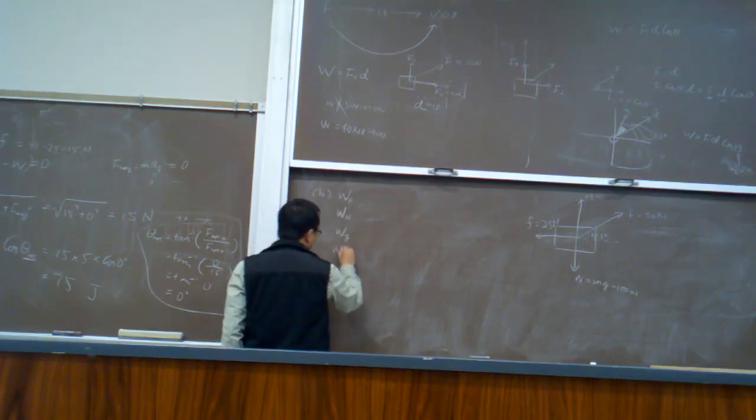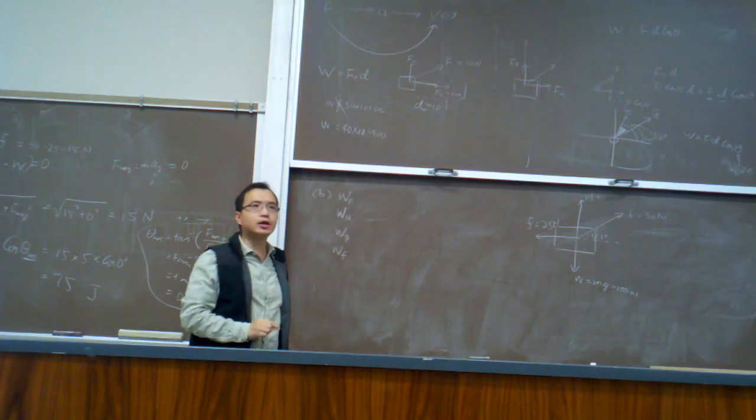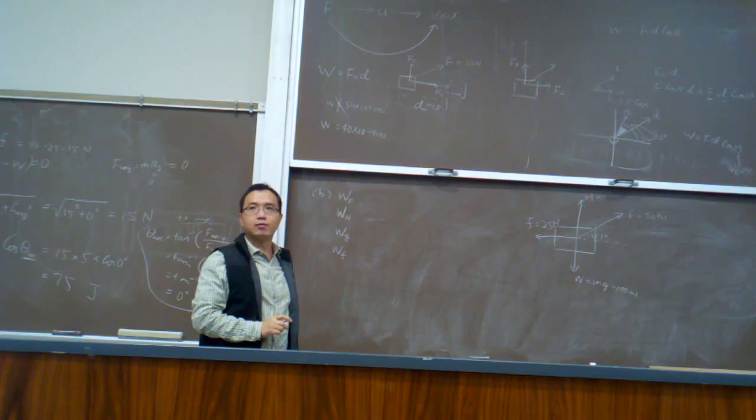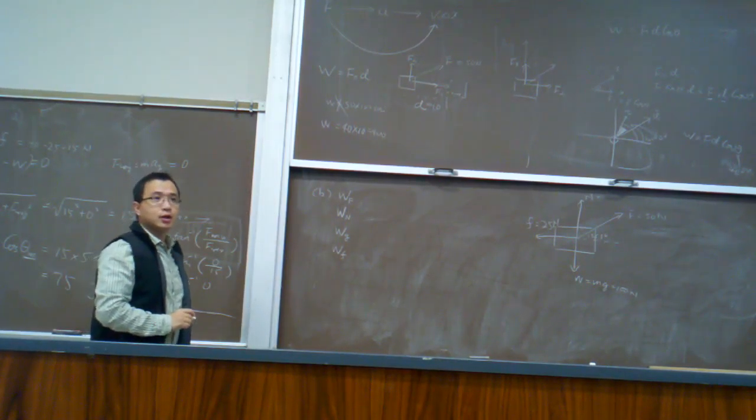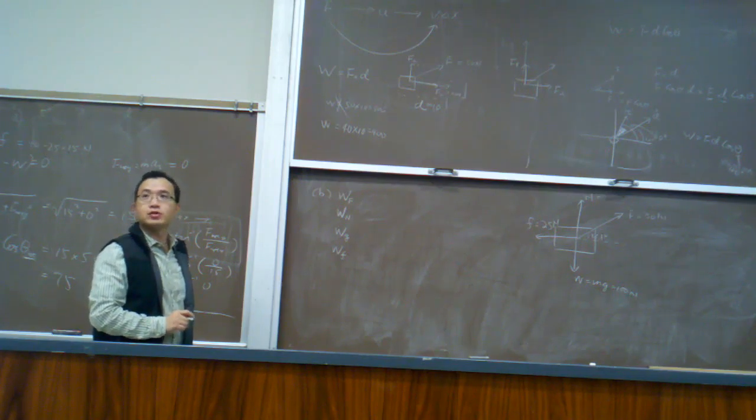And then we have W small f, the work done by the frictional force. It seems that we have calculated a lot of quantities, but in fact it's quite easy.